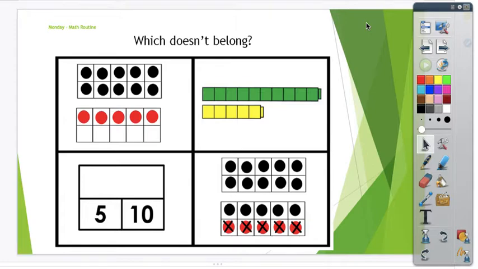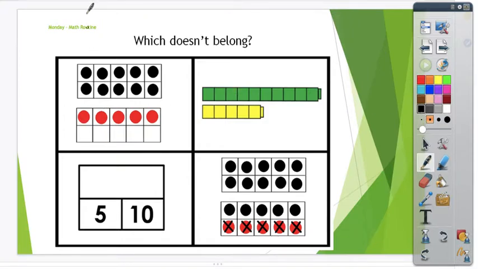All right, so I want you to think in your head, and I'm going to think in my head of different ways which one doesn't belong. So first I'm going to look at each one. So here we have how many black ones? 1, 2, 3, 4, 5, 6, 7, 8, 9, 10 black ones.